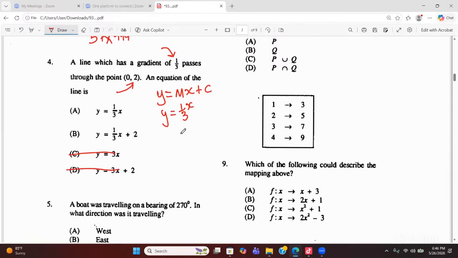So now it's either A or B. But remember, if the x coordinate of any point is 0, then your c value is the y value. Let me go again. If your x coordinate is 0, that number in the y spot is your y-intercept. So this is +2. So we're looking for 1/3 x plus 2. Our answer is actually B. So this is a giveaway again. Look out for these, because you're not using calculators, so they're going to test your skills and your knowledge to see how much you know.